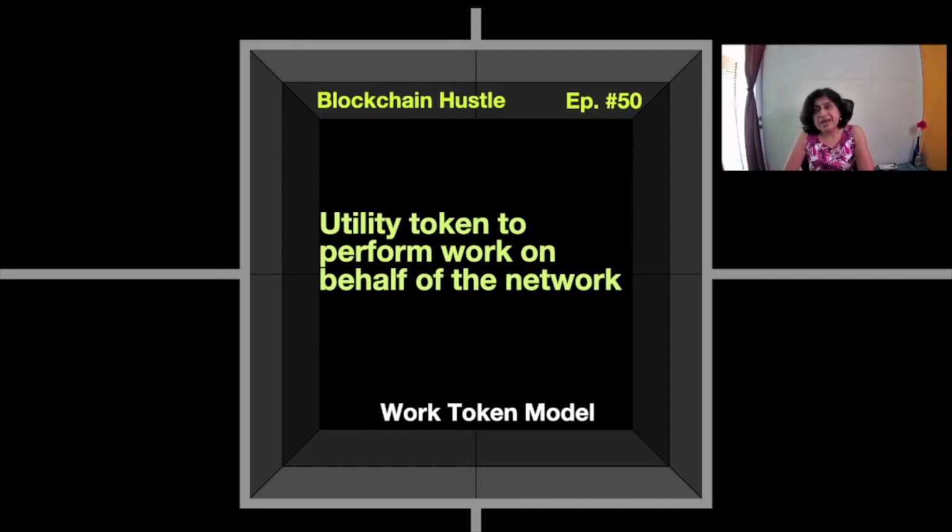So you see that as the network gets utilized more and more, the token price would also increase. As the demand for the service rises, the service provider's revenue would increase. And because you have a limited supply of tokens, these service providers would need to pay more for the tokens to stake into your network and to earn the right to perform on behalf of the network.